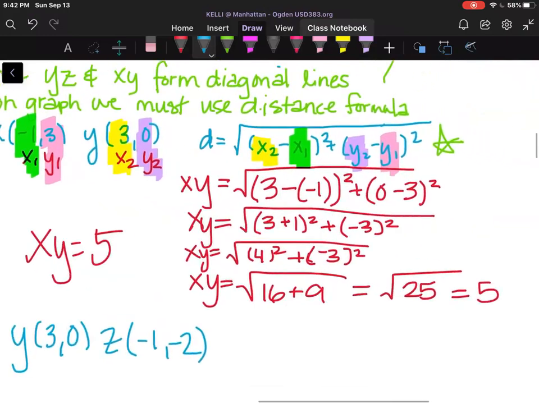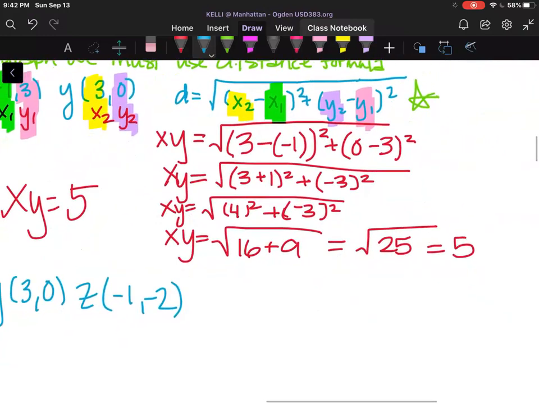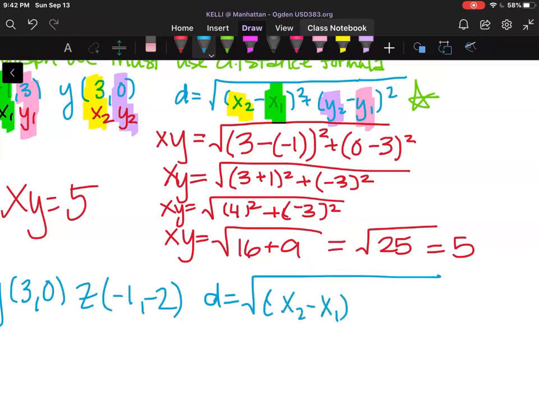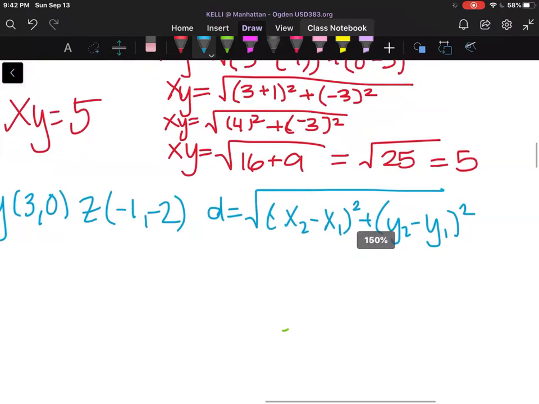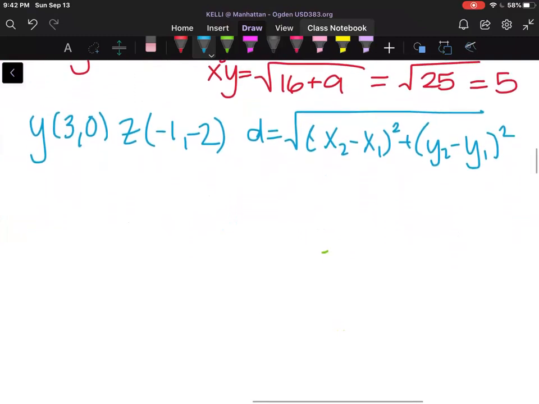And again, I've got to find the length of it because it's a diagonal. It's not a straight counting point. So I'm going to rewrite my distance formula and start labeling and plugging numbers in.